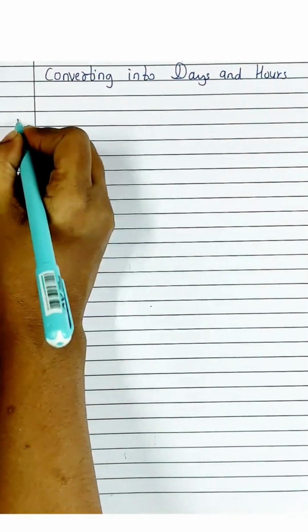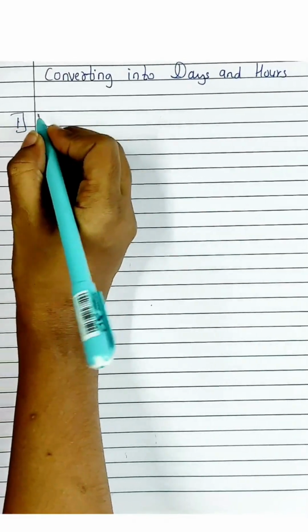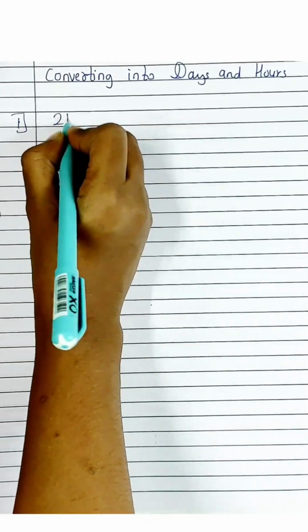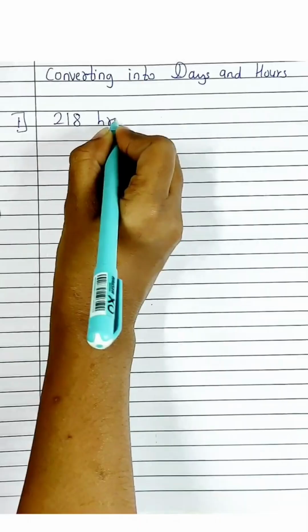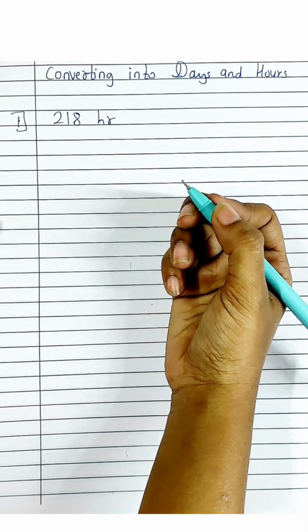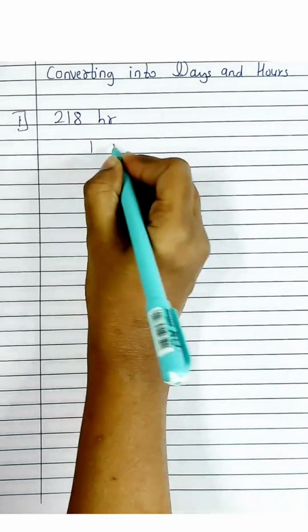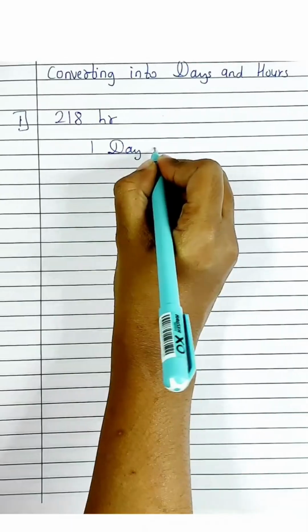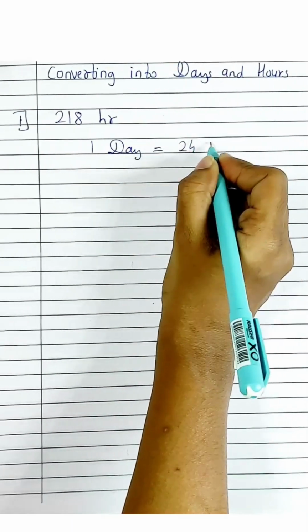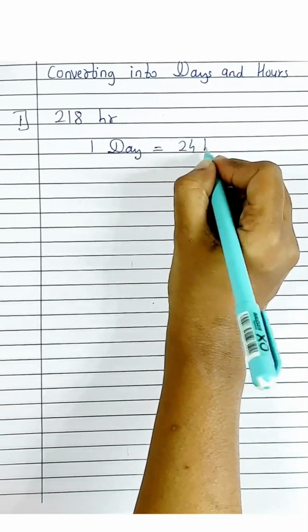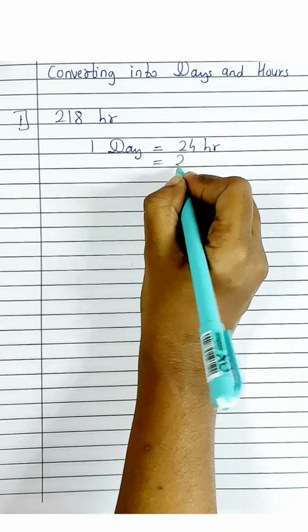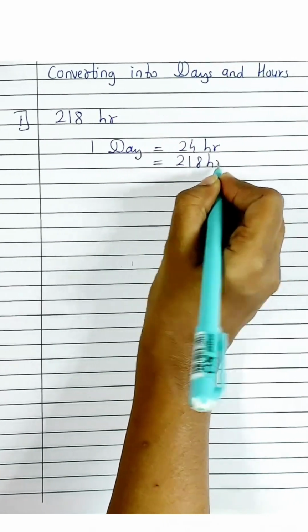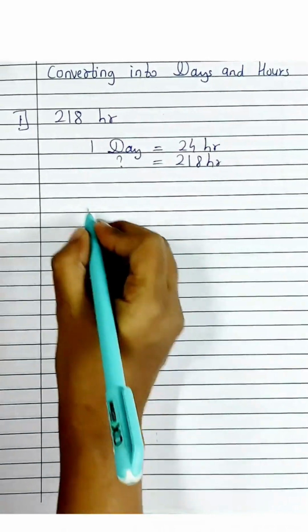Okay, for example, 218 hours is given. So we know that in one day there are 24 hours. So in 218 hours there are how many days?